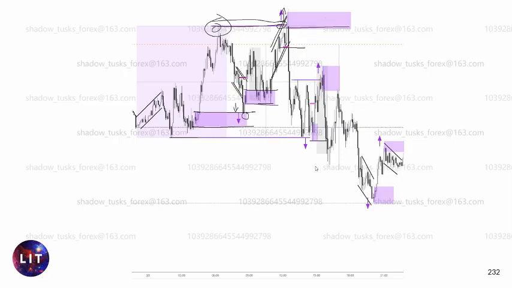Break of structure, this becomes our mitigation zone. Then same thing, build up, inducement low, break of structure, mitigation. Build up, inducement high, break of structure, mitigation.